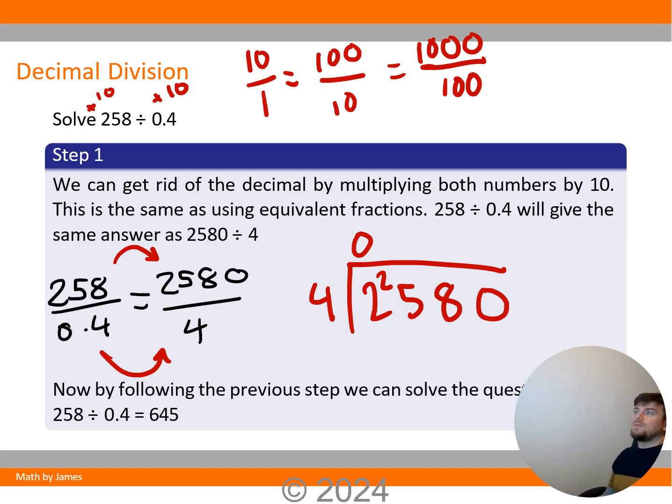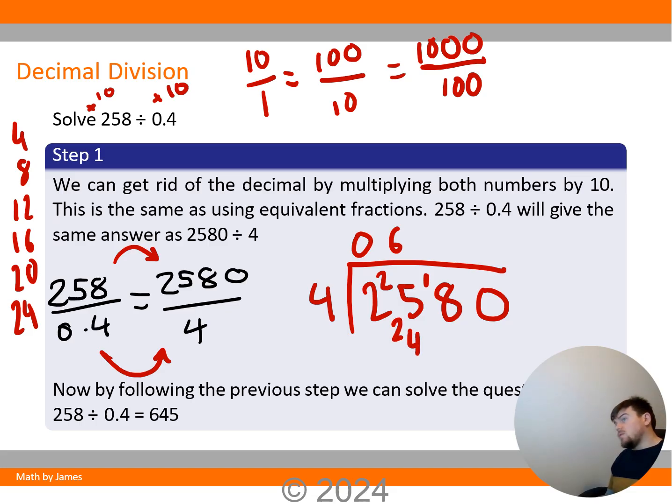So if we do our 4 times table, we've got 4, 8, 12, 16, 20, 24. So here we put a 6 and we have 1 left over because we count up to 24. So in a sense, what we can do is we can write 24 minus them, count down the 1 and carry it over. We can do that.